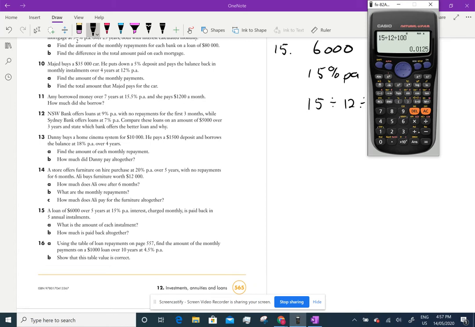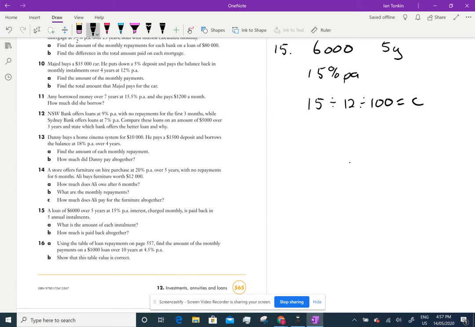Oh, beautiful. 0.0125. Okay. So at the end of the first year, oh, but it's calculated monthly. I'm going to get to that.